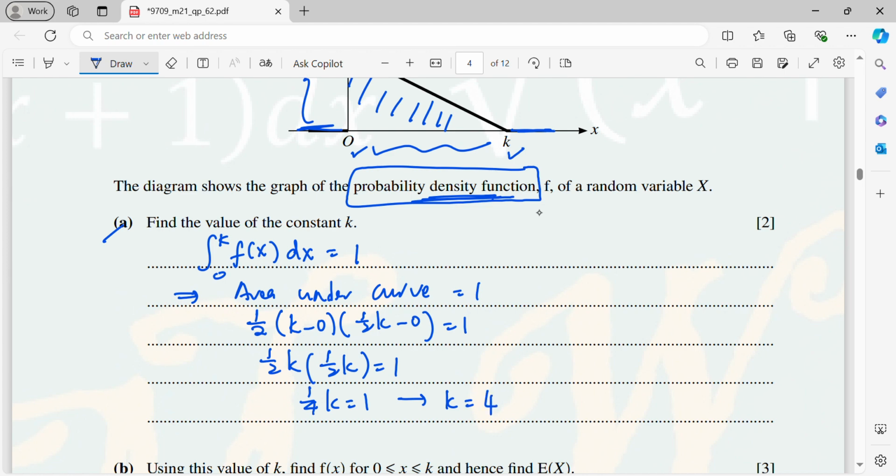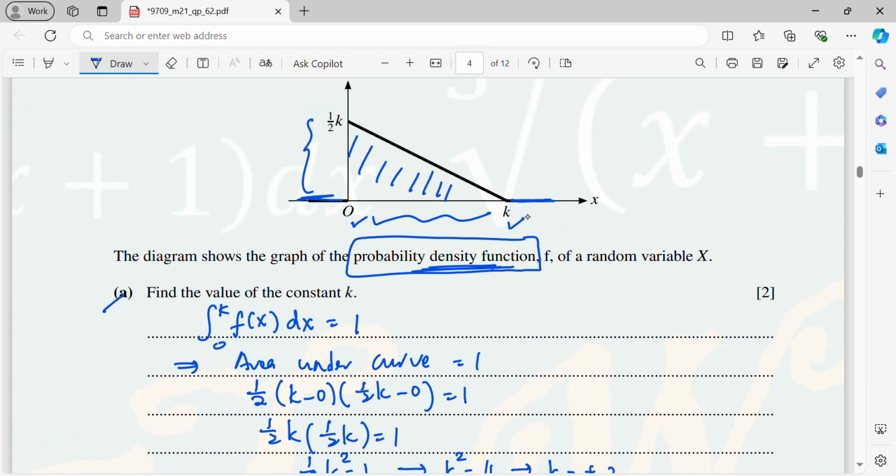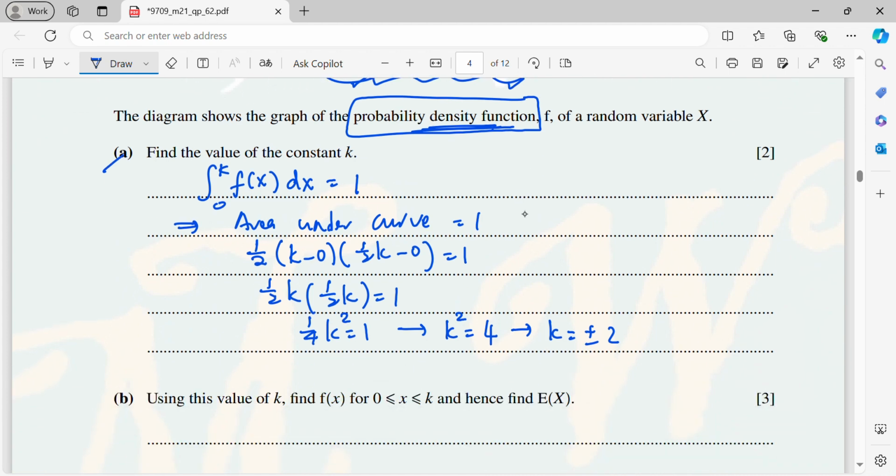Half k times half k is a quarter k squared, so k squared is 4. Now your k is plus minus 2. But when you look at the graph here, k is greater than 0. So since k is greater than 0, therefore k is 2. That's the solution for A.